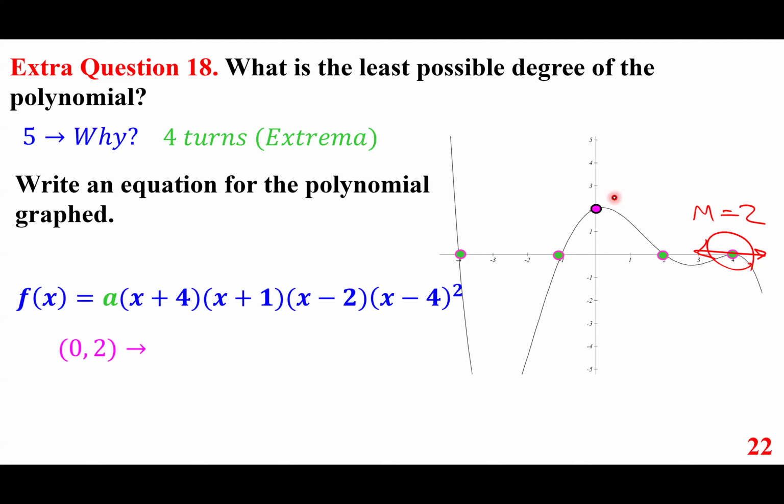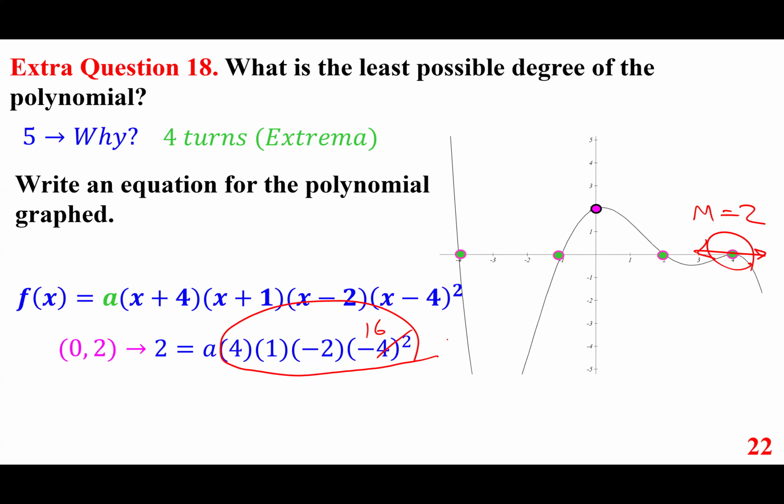Now, pick up an easy point. Of course, you can see the y-intercept that is at 0, 2. So replace the x with 0, f of x or y with 2. So 4 times 1, 4 times -2, -8 times 16, -128.